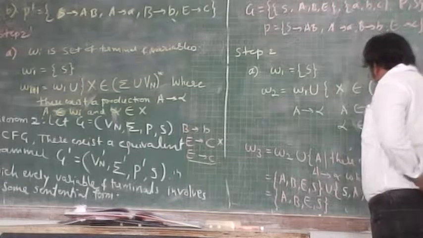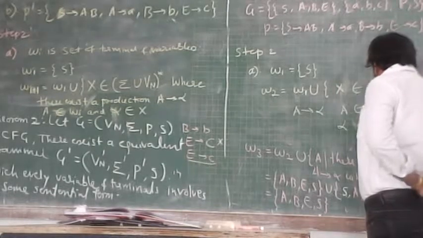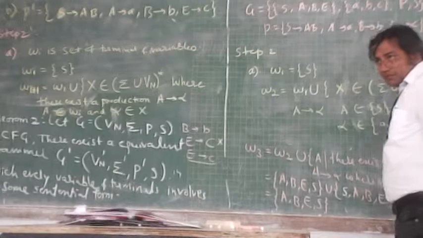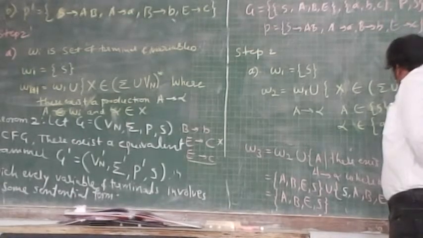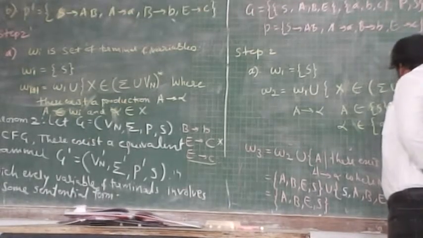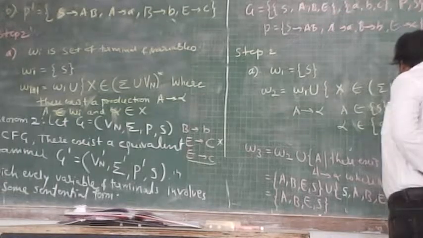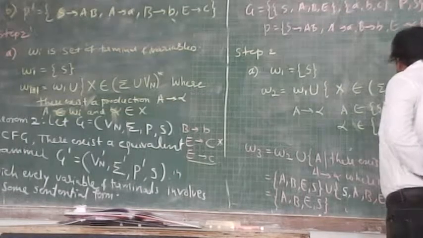Alpha belongs to sigma, which is a, b, c. Vn means what? S, A, B, E. Close it.